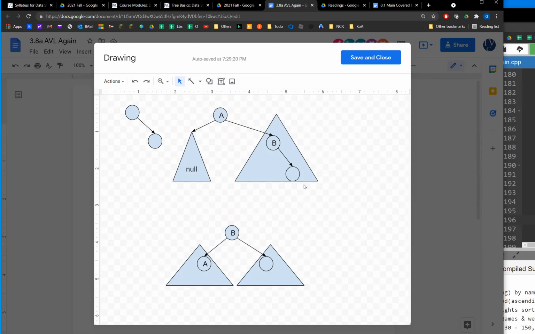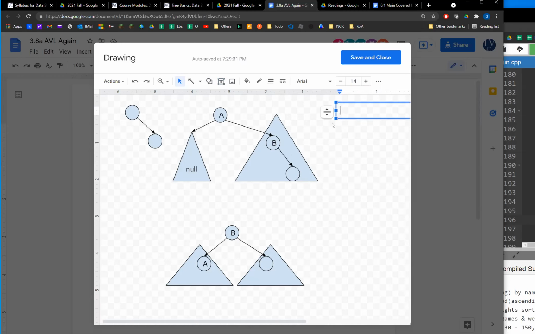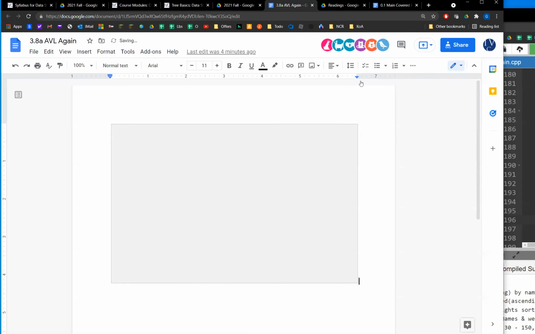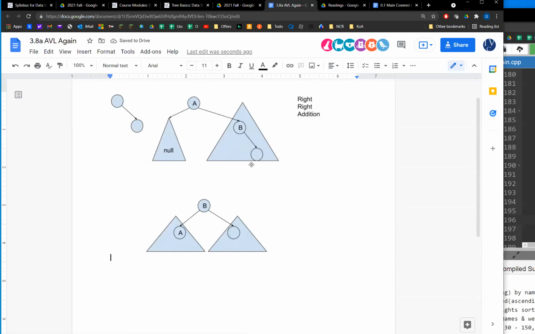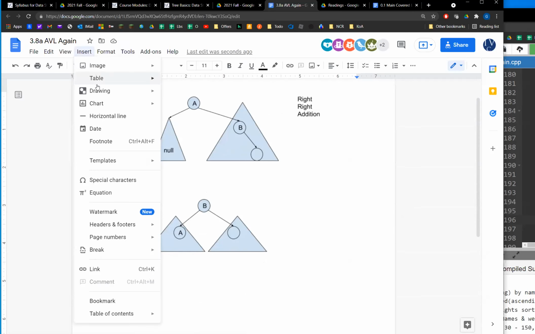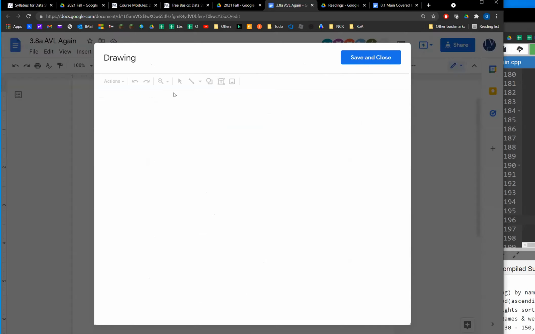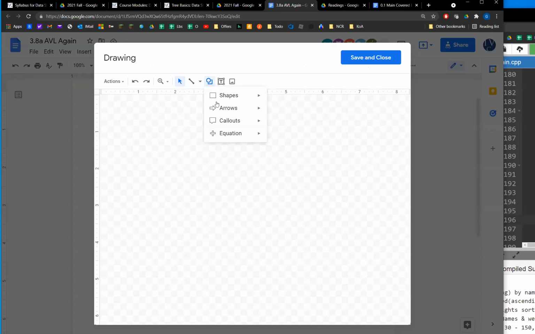So the tree is good to go. All right, so this is right addition. We'll have the mirror case as well, but let's go ahead and get some data points in here now.